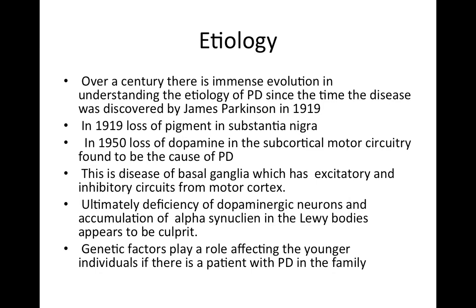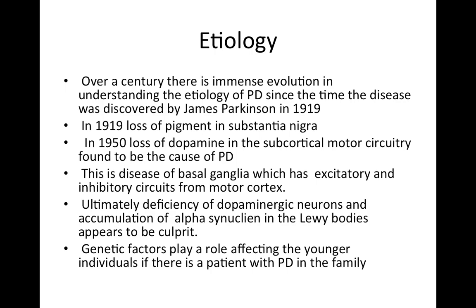Coming to the etiology, this area has been touched for a long time. There has been immense evolution in understanding the etiology of Parkinson disease over a century since the time the disease was discovered by James Parkinson in 1919.